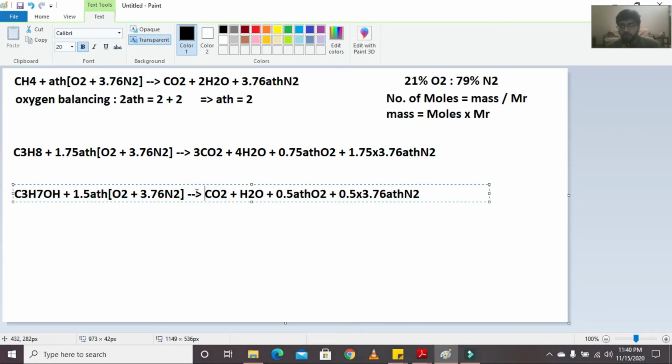Instead of writing here this 0.75 ATH, we cannot write here the 0.75 ATH. I will explain this part later.